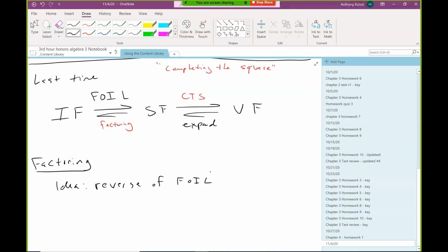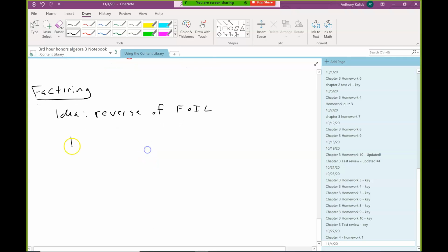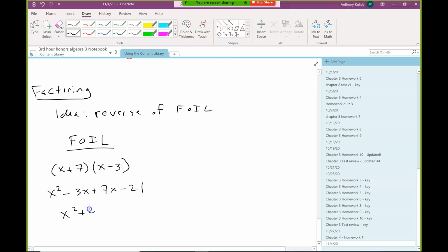Okay with that plan? There's our FOIL example.